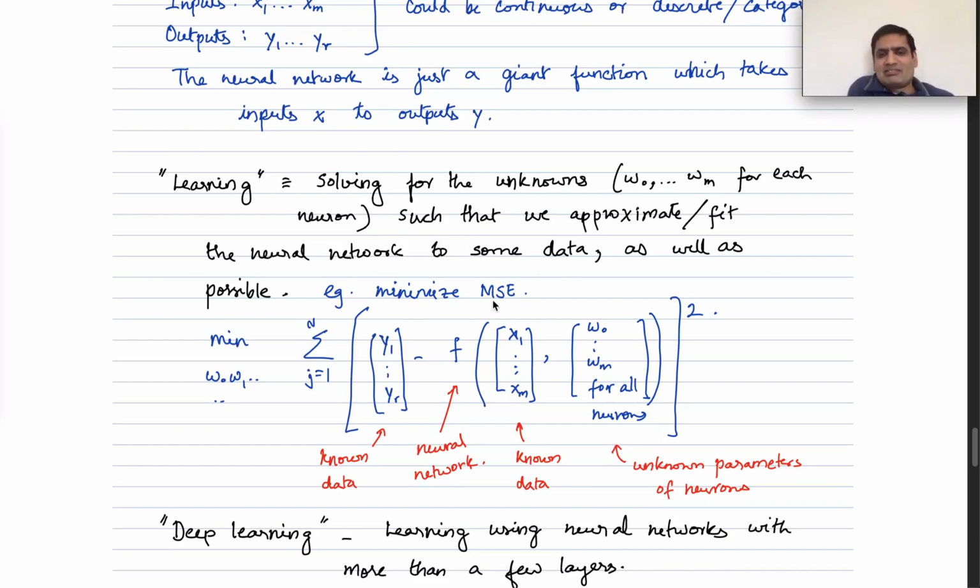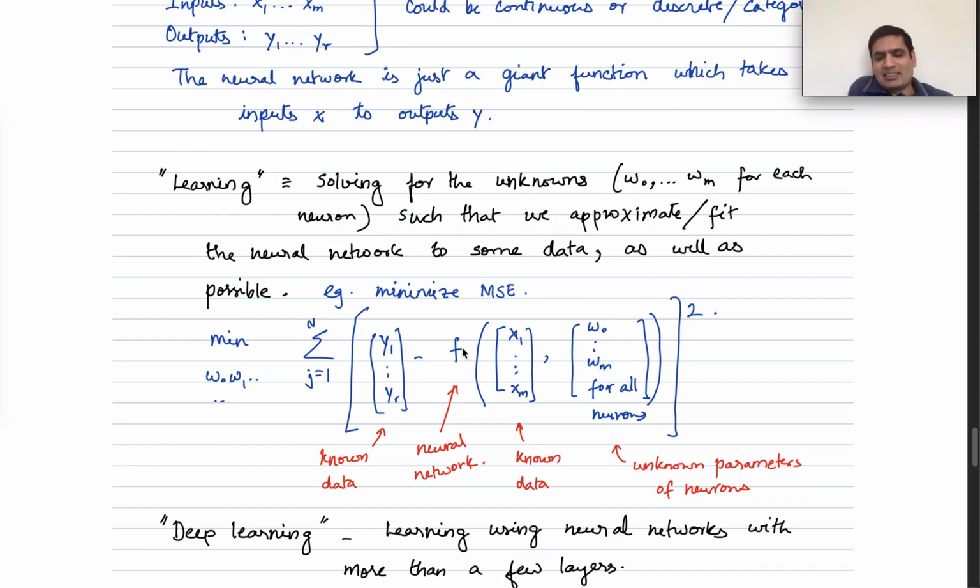Okay, so for instance, we might minimize the mean squared error, in which case we would just find the minimum over all W0, W1, etc. for all neurons. And then we minimize the summation over all data points, outputs minus some function of the inputs and all the weights and biases, squared.